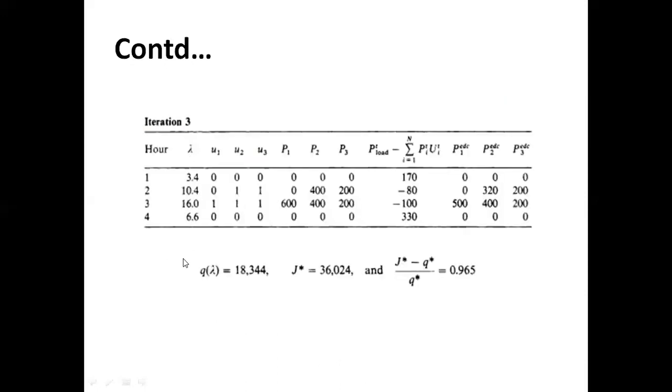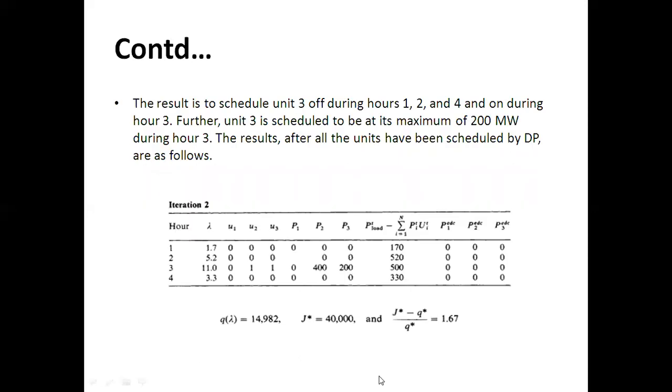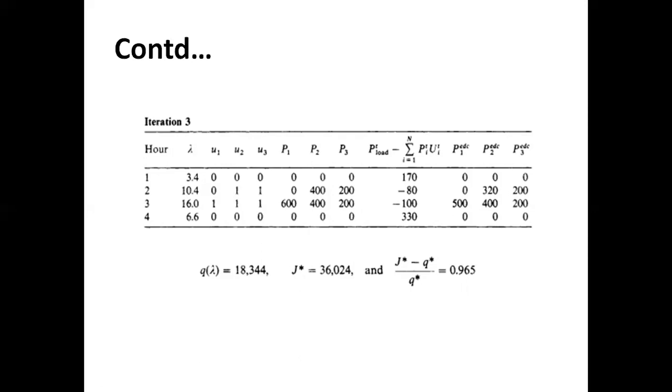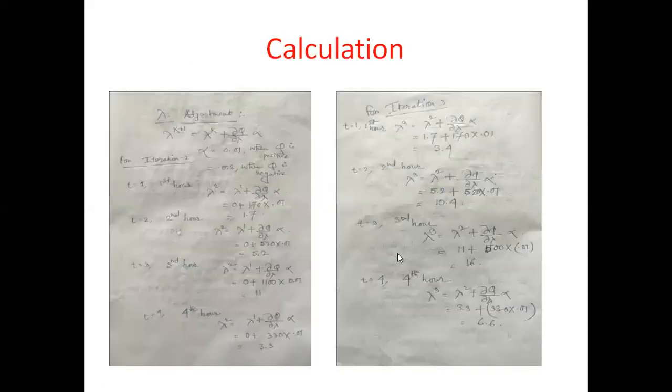Now we go to iteration 3 for the values of lambda. From here it is clearly seen all are positive, so in order to calculate the new value of lambda, the value of alpha will be 0.01. For iteration 3, the new value of lambda is 1.7, the old value from table 2, plus 170 into 0.01, alpha equal to 0.01 because all the values are positive.